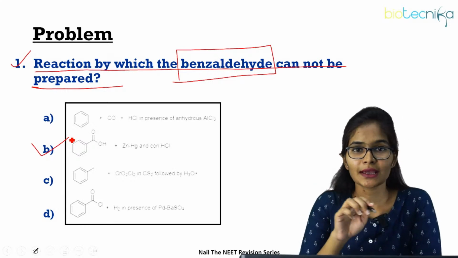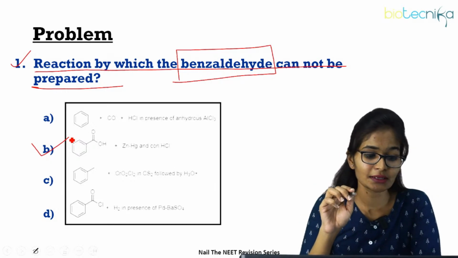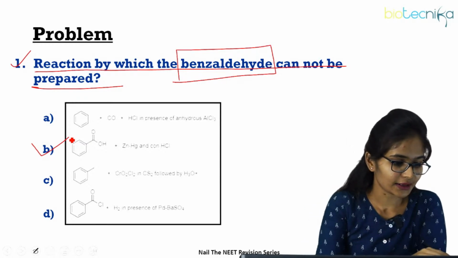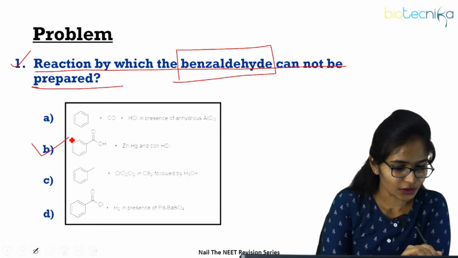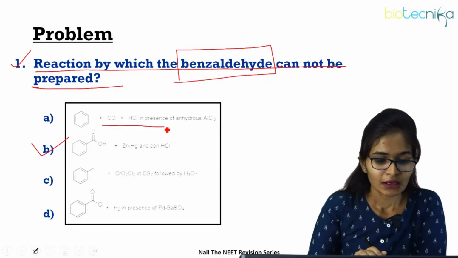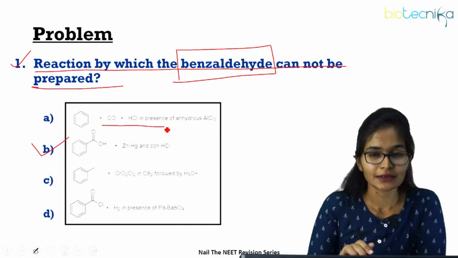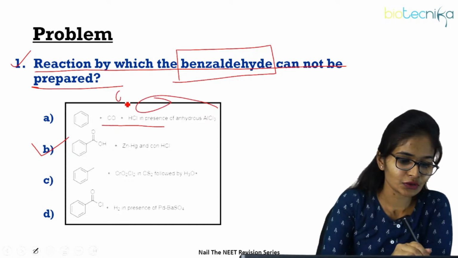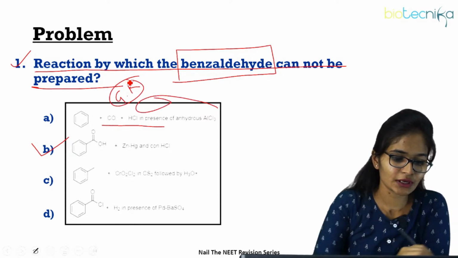So first option A: benzene with CO and HCl in the presence of anhydrous AlCl3. This is the Gattermann-Koch reaction.